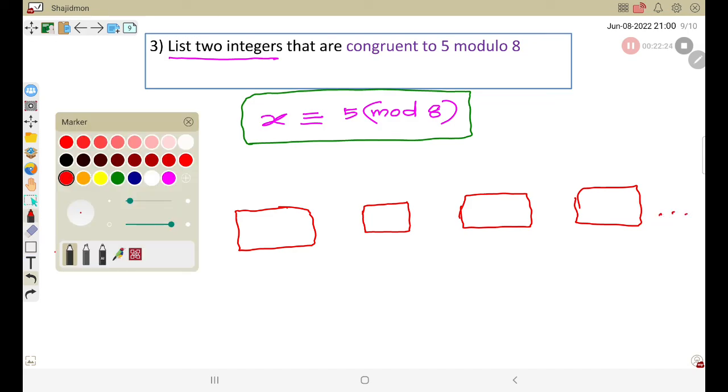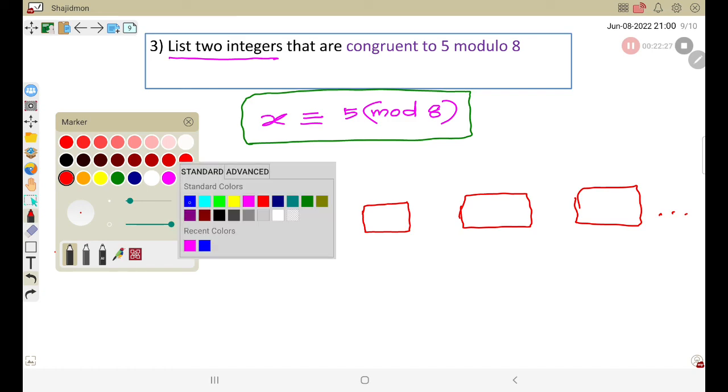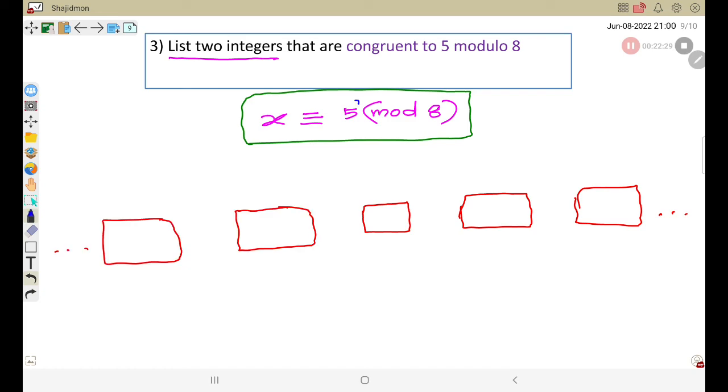Okay, so let's start. First start from this number 5. The same number is the first number, so you can write 5. Now add the modulo number. 5 plus 8, the modulo number. 5 plus 8, so the second number will be 13.